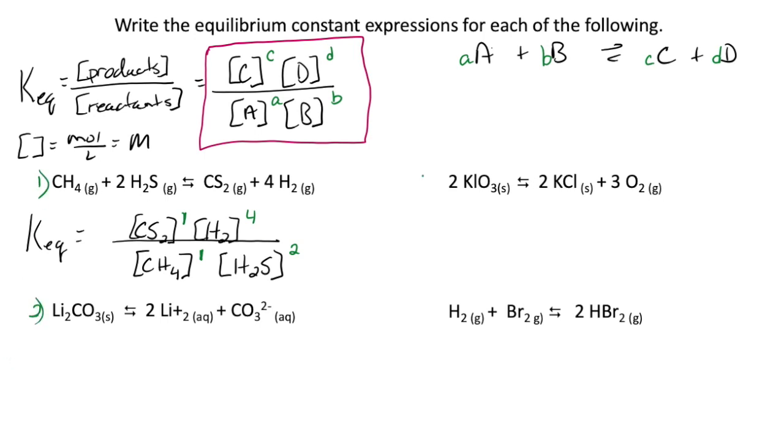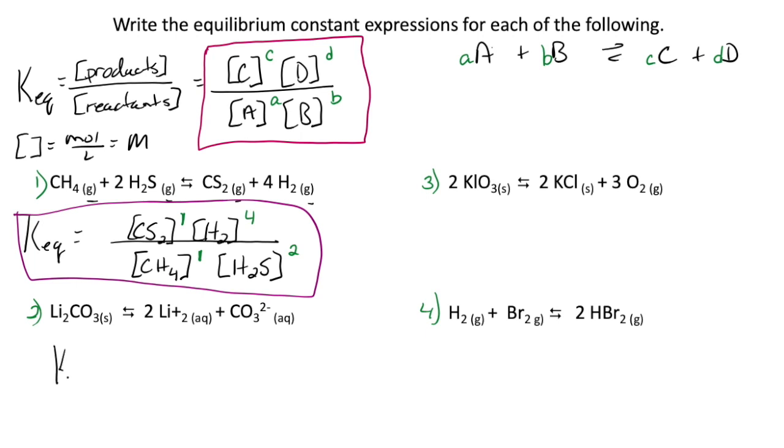Let's look at number 2. Following what we did above, we will write our equilibrium constant as our products over our reactants. However, if you notice with the first one, we had all gases, and this one we have aqueous in our products and a solid in our reactants.